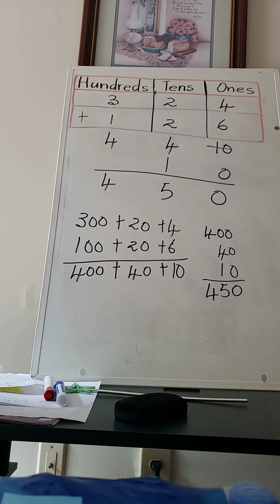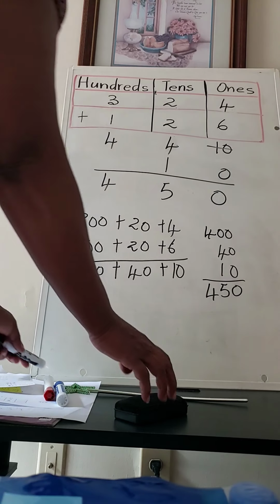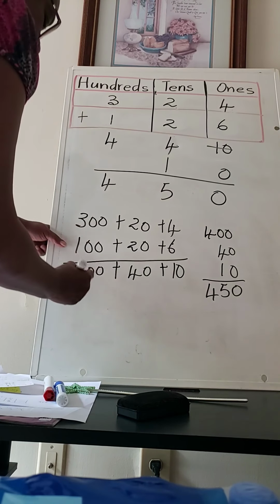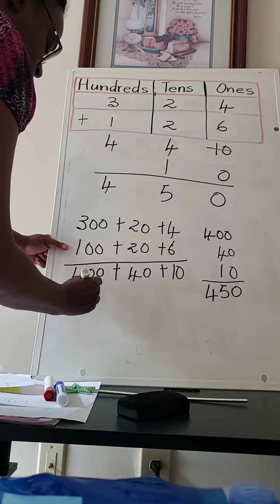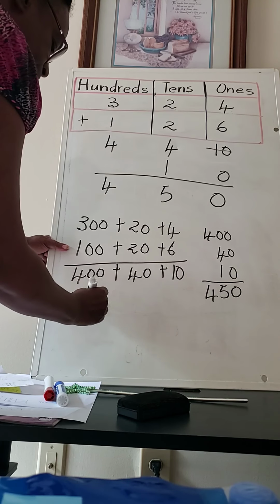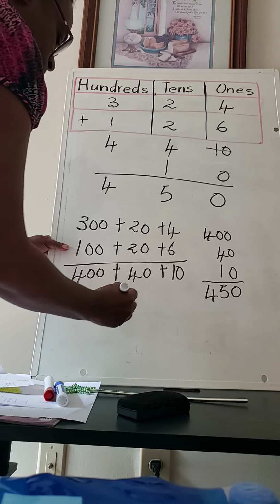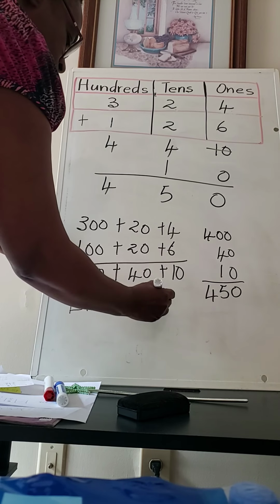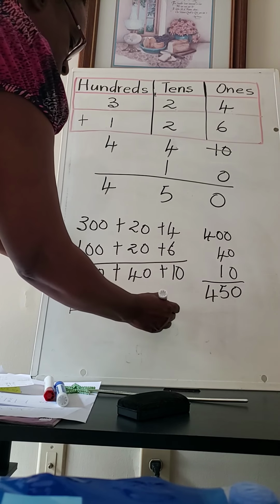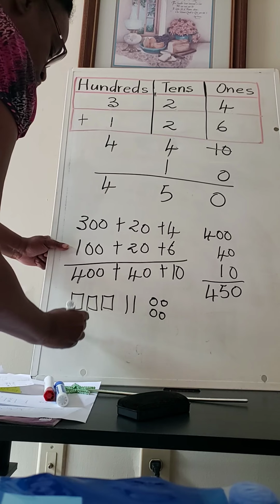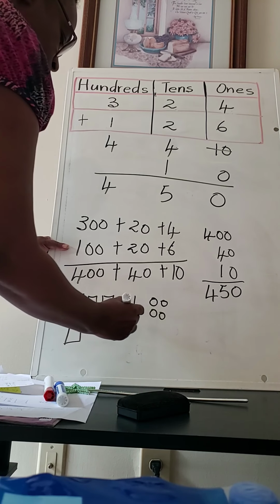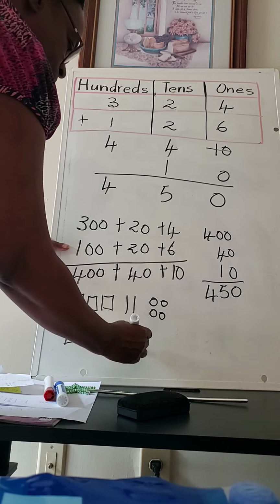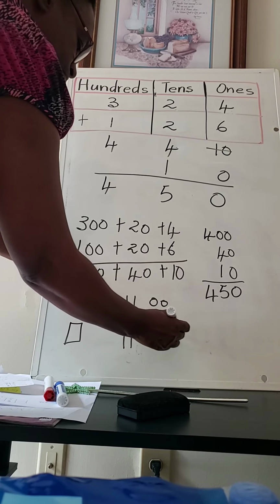And the picture form for that, okay. So the picture form would be our 300 plus 20 plus 4 plus 100 plus 20 plus 6.